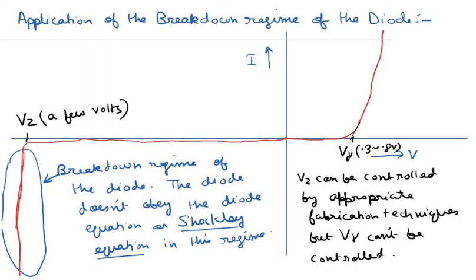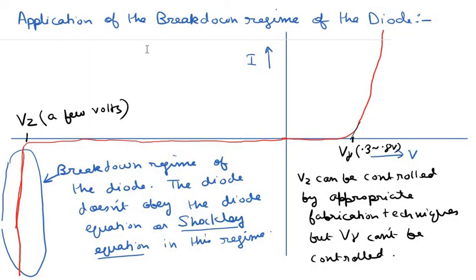We can control this breakdown voltage Vz by appropriate fabrication techniques. On the other hand, for the silicon diode, this cut-in voltage V gamma doesn't vary much. The standard V gamma is 0.7 volts for silicon diode, and by changing the fabrication technique or by other techniques, we can change this 0.7 volts to 0.73 volts to 0.75 volts, but it cannot go from 0.7 volts to, let us say, 2 volts. That is not possible.